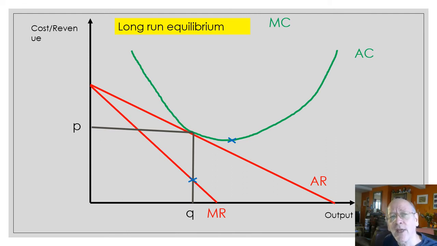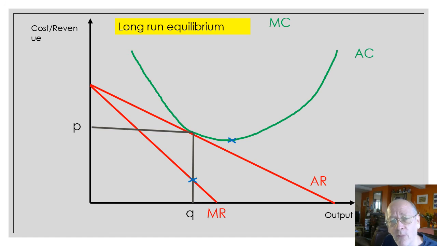There are two things we know about the MC curve. First of all, it cuts the AC curve at the AC curve's lowest point, so I'll put a little blue cross in there. Secondly, because it is a profit maximizing firm, even though it's making no profits, then the profit max condition must occur below where the AR curve is tangential to the AC curve.